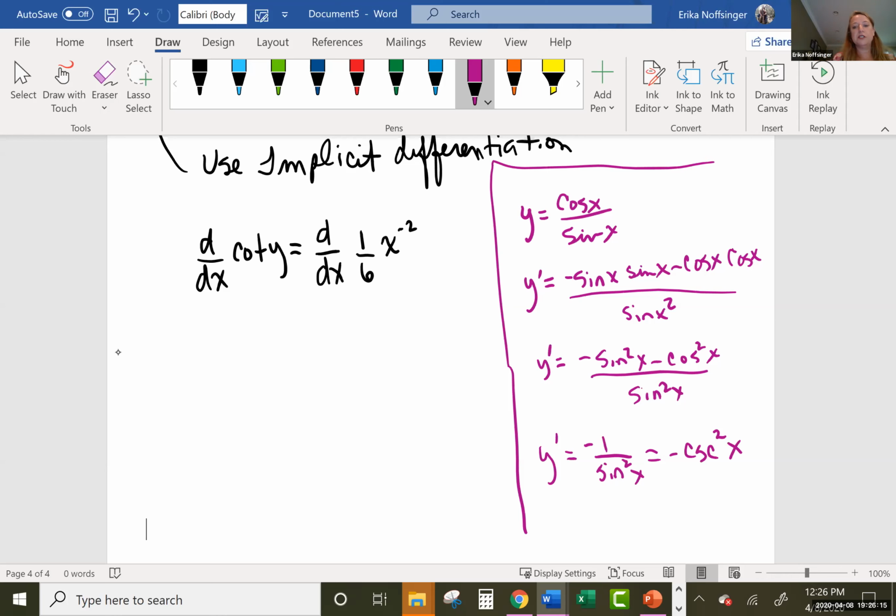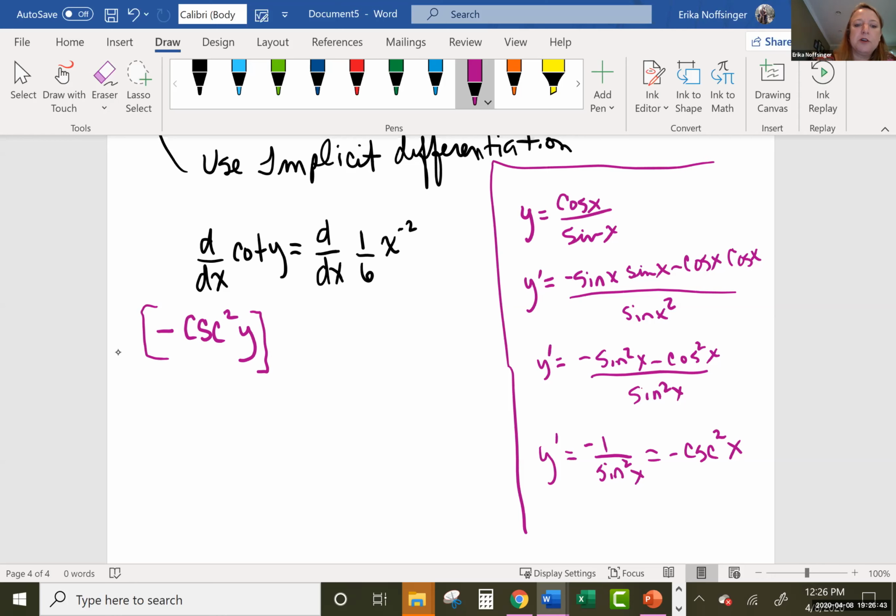Okay, sorry, but I had to do that to take the derivative of cotangent y. So taking the derivative of cotangent y, we know that this should be negative cosecant squared. My angle's y though, not x. I was just doing that on the side. Do not forget, we're using implicit differentiation, and y is in terms of x.